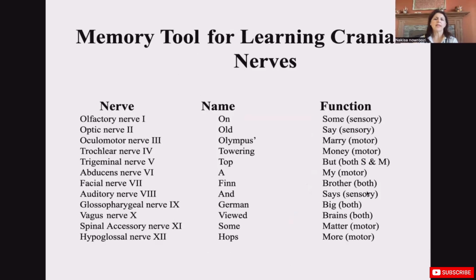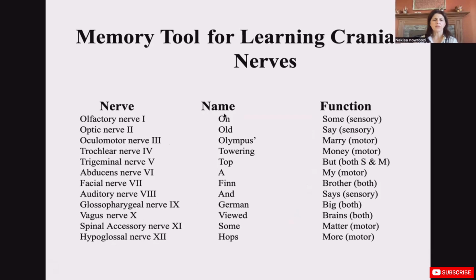This is a mnemonic device for you to learn the cranial nerves. You have olfactory nerve 1, optic nerve 2, oculomotor nerve 3, trochlear nerve 4, trigeminal nerve 5, abducens nerve 6, facial nerve 7, auditory nerve 8, glossopharyngeal nerve 9, vagus nerve 10, spinal accessory nerve 11, and hypoglossal nerve 12.